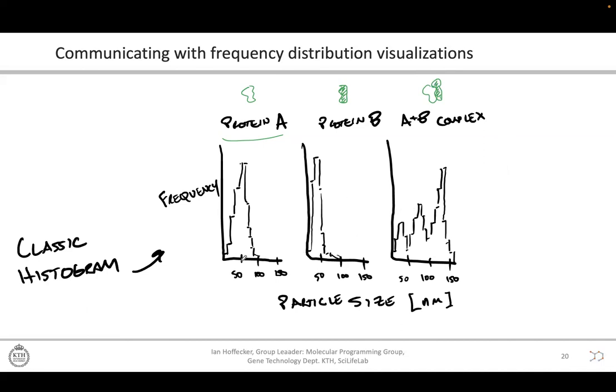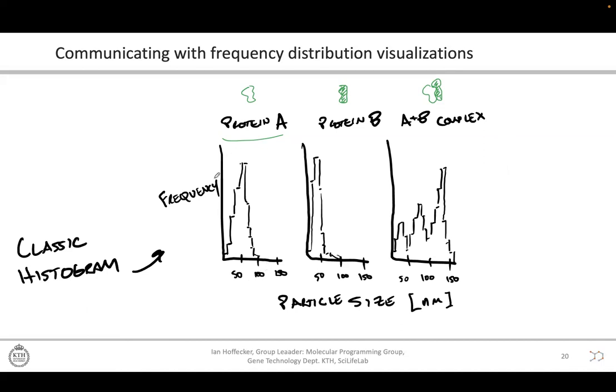We're looking at the particle size distribution. So maybe we have a light scattering instrument or something that allows us to get an idea of the size of stuff in our sample.